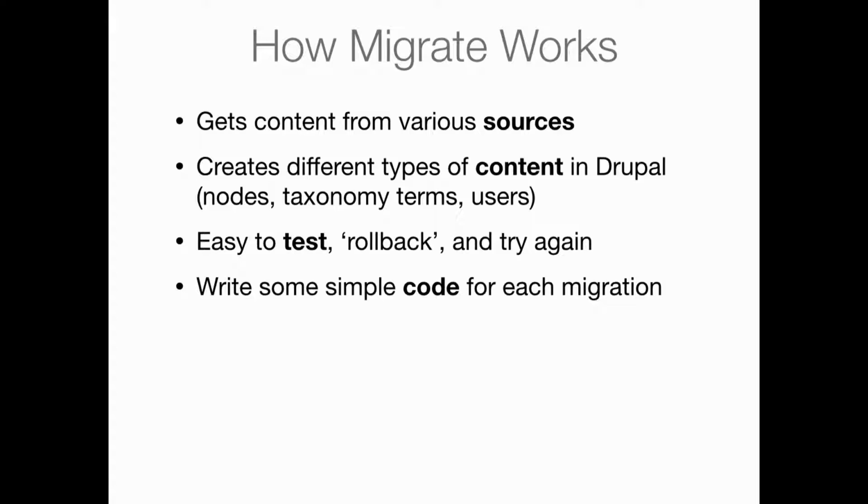A source could be a JSON file or a spreadsheet or an existing database of content. Migrate's able to create different types of content in Drupal, and not just content as in nodes, but also other kinds of entities, so taxonomy terms and users, as well as media or whatever other types of entities you're creating.